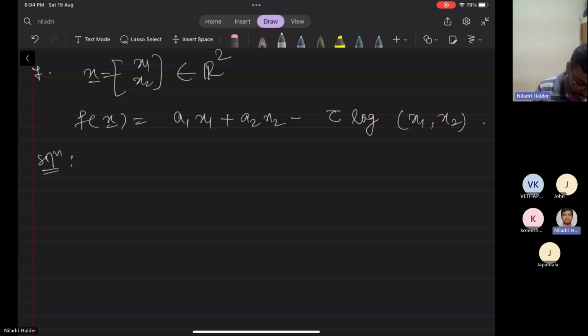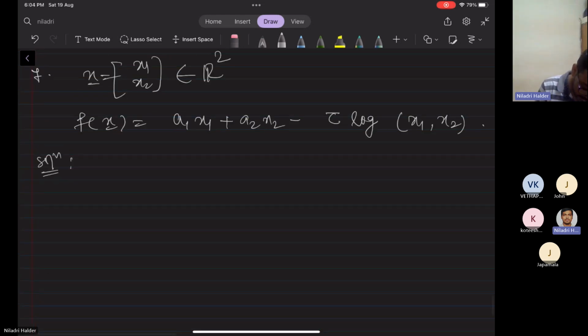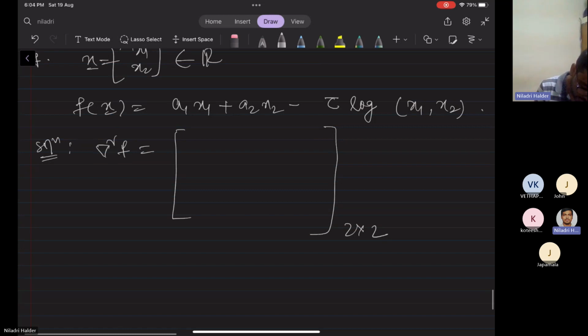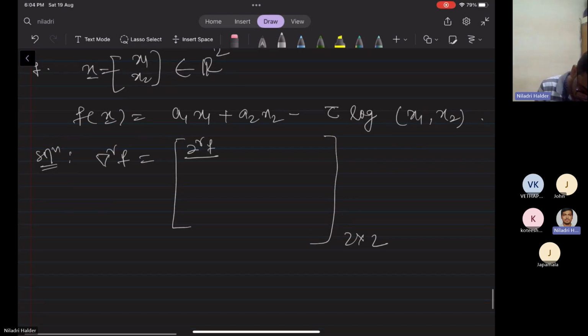But it's a vector, so now finding the Hessian. Each one will be 2 cross 2. Two elements are there, x1 and x2, so we need the derivative of f with respect to x1, the double derivative with respect to x1, and so on.